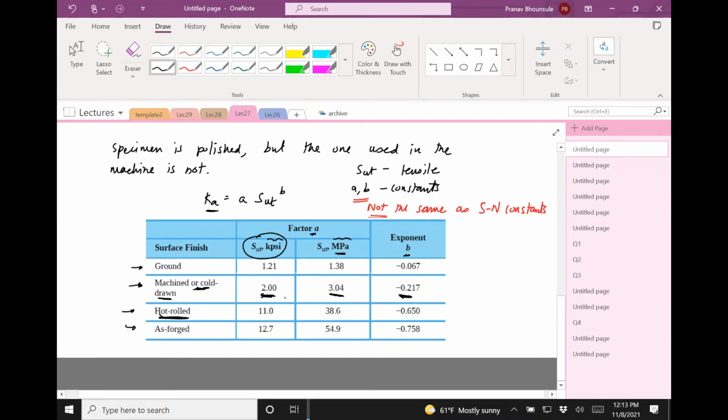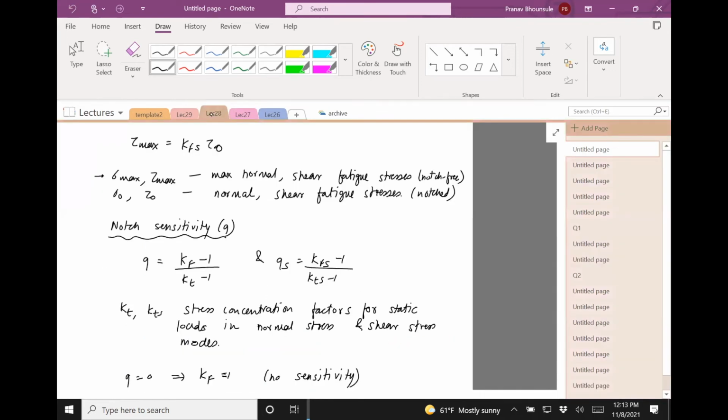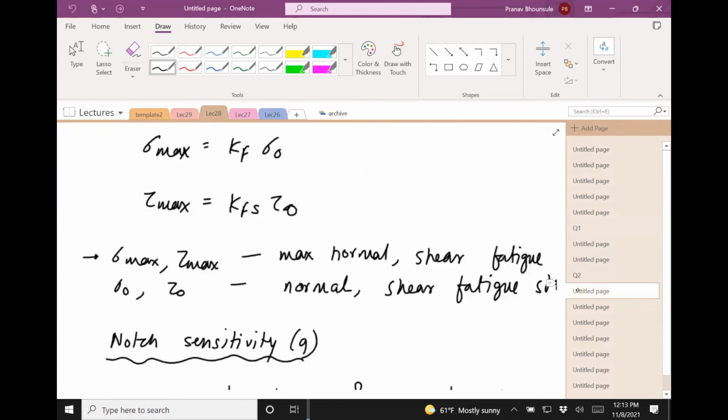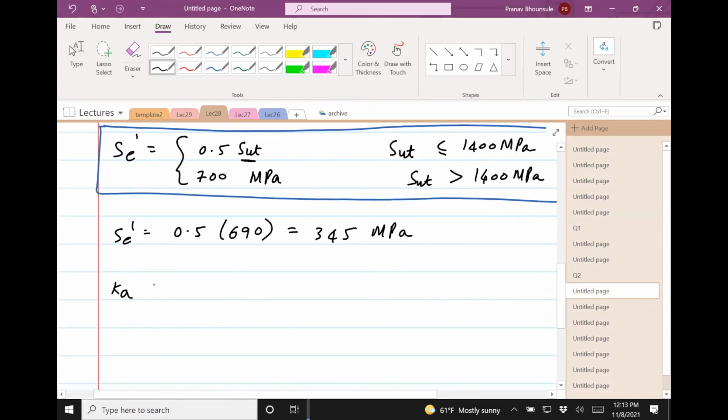We have SUT in MPa, so we need to use A equals 3.04, B equals minus 0.217, and this is the equation. So let's use that. 3.04 times 690 to the power of minus 0.217.